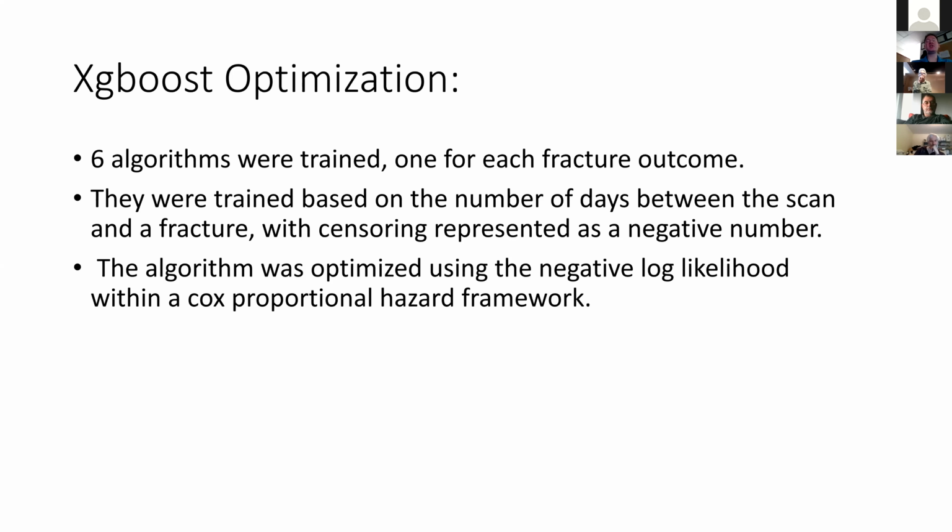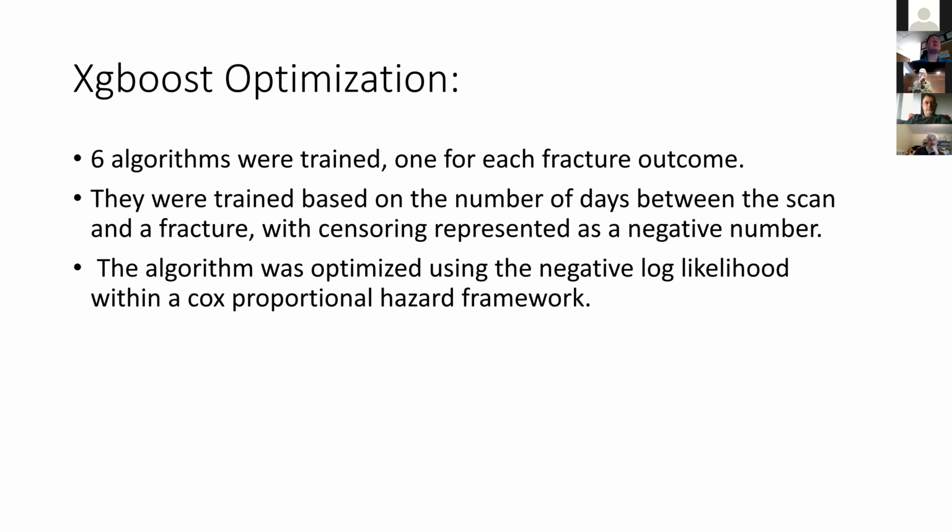I felt that this was also meaningful because ultimately I'm training off of the fracture date using survival models and Cox proportional hazard modeling and negative log likelihood as the optimizer for my extreme gradient boosting algorithm. So it didn't have a lot of face validity to call a hip fracture the same as a vertebral fracture, as the same as a random fracture or a wrist fracture.